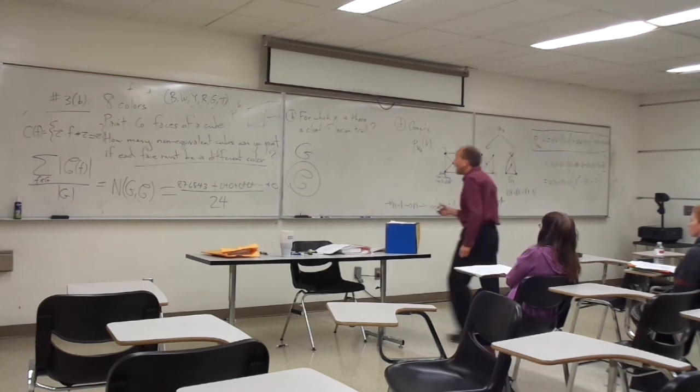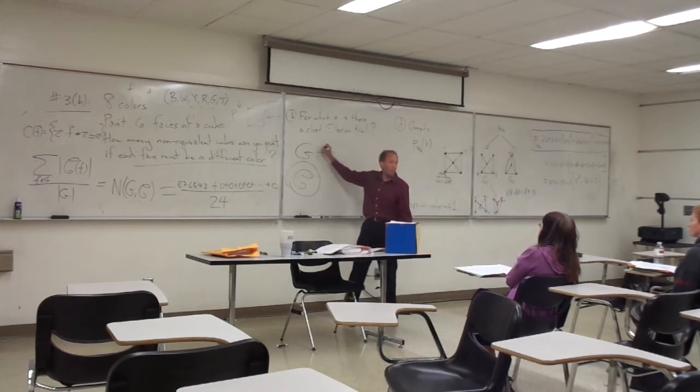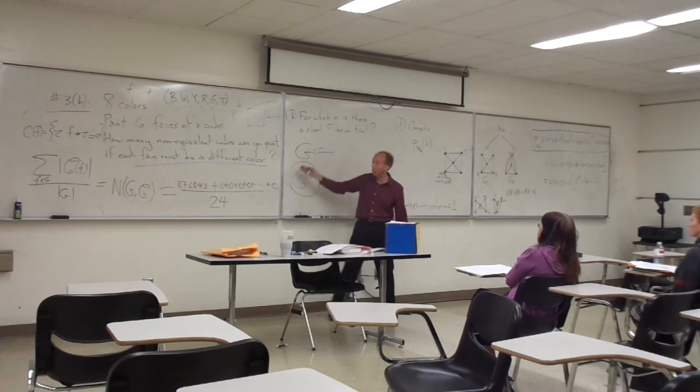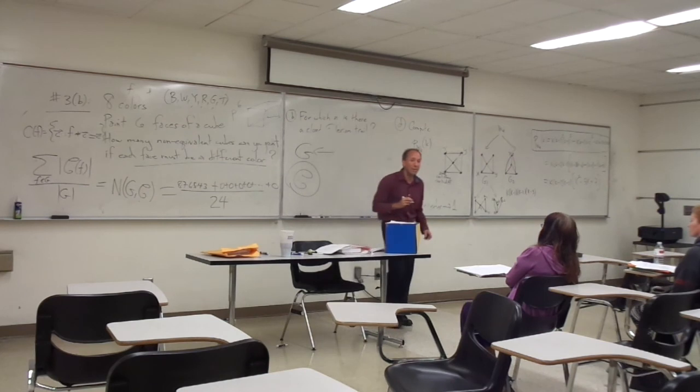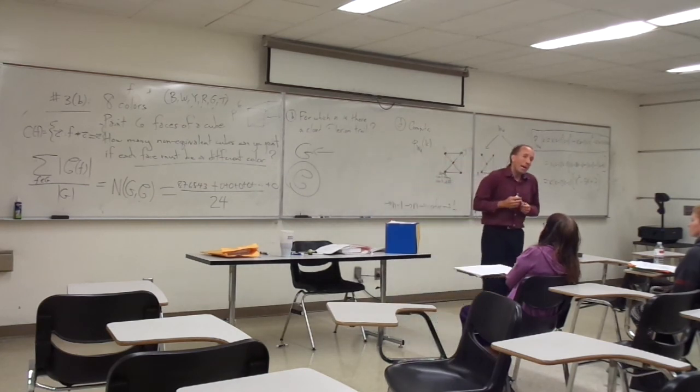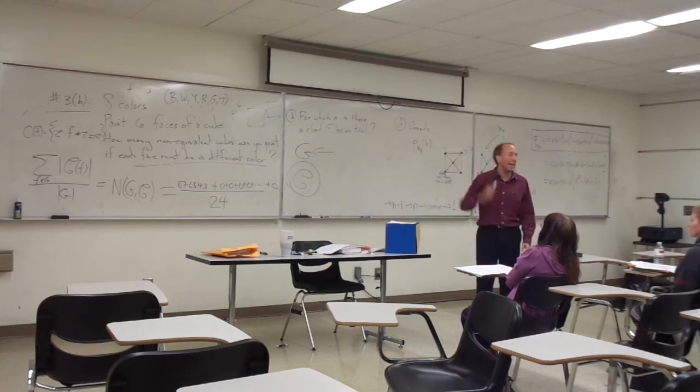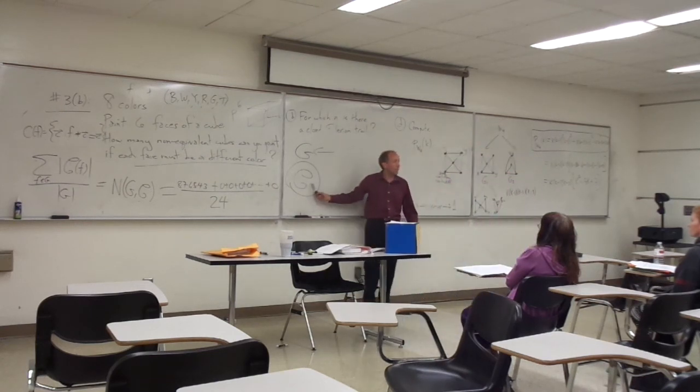So I'm shrinking C. My group G is still the same. Still have a 24 on the bottom. I still have 24 terms to add up in the numerator. But 23 of those symmetries do not fix any coloring that I'm trying to count. So in other words, they do not fix the elements that are in my new set of things that I'm coloring.